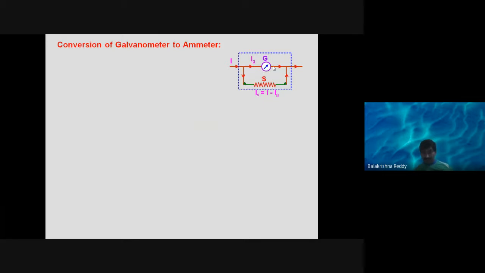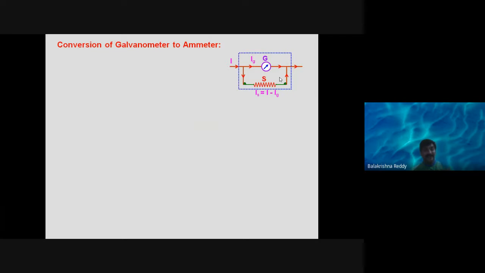So the galvanometer's resistance we need to decrease because I'm using it as an ammeter, right? So how can I decrease the resistance? Whatever extra resistance I connect while converting, I connect in parallel.